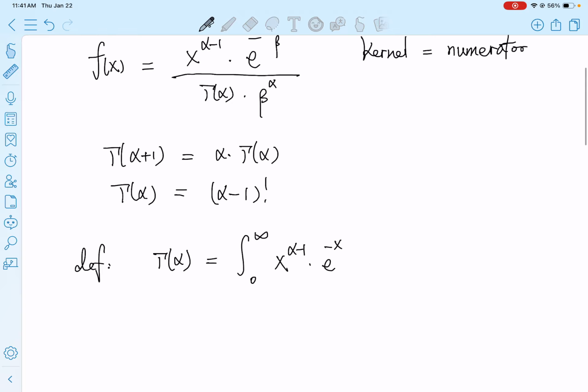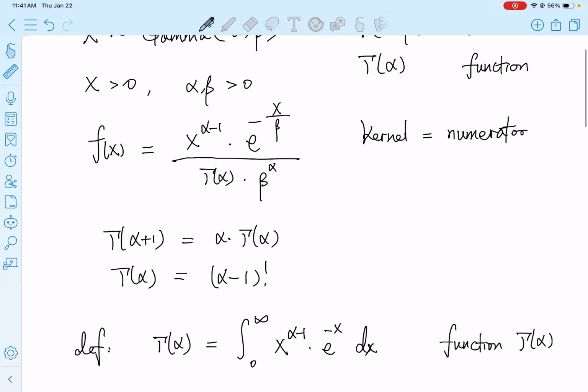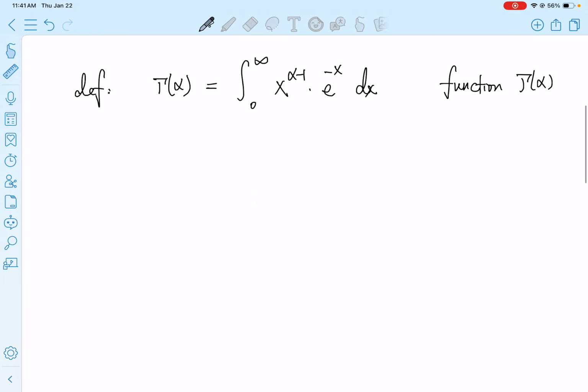So there's no more beta here, and then dx. If you have an alpha and you evaluate this integral, that will be the output from this gamma function. This is the definition of the gamma function. So this is what we have from last time.